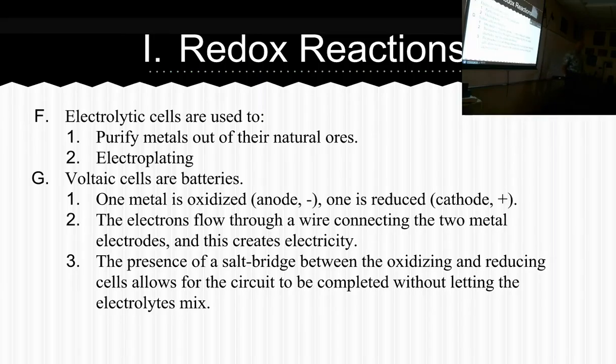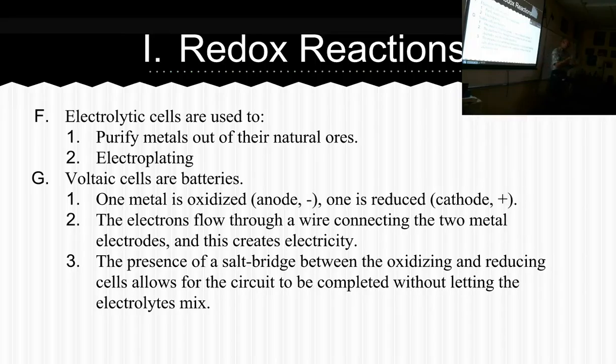Okay, and then voltaic cells we use for batteries. We have one metal that is being oxidized, and we call that the anode, and we have one metal that is being reduced, and we call that the cathode. And we catch the electrons as they flow from one to the other, and we make it do some work. That's electricity. Modern batteries do not have the two electrodes in the same bath of electrolyte because we're able to slow down the reaction even more and catch all of the electrons if we keep them in separate electrolytes.